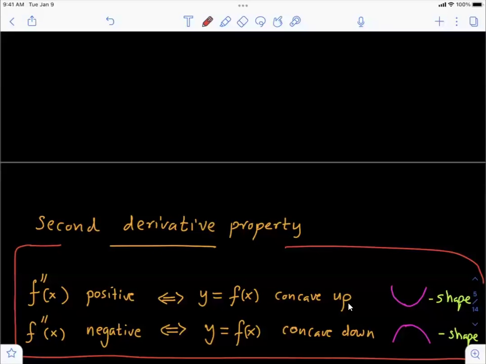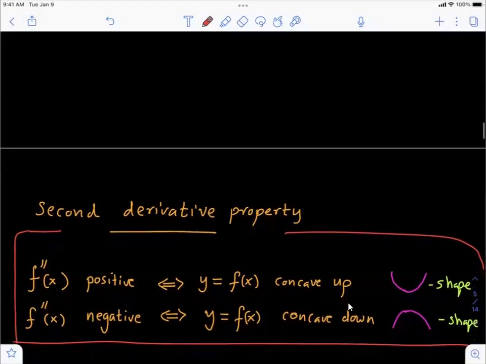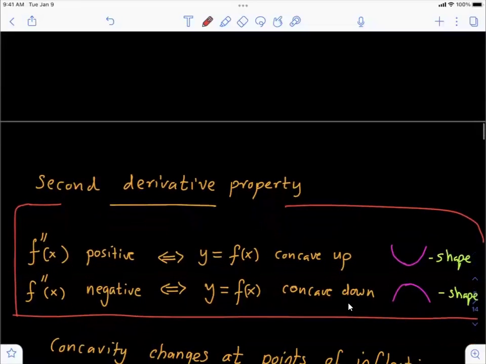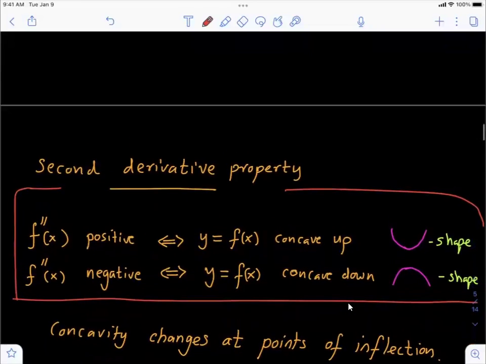Now, when we have the second derivative, it has a story to tell. It will tell us the shape of the graph. In other words, the real meaning of the second derivative is how fast the slope is increasing. It is the slope of the original function. It is the derivative of the slope function. So if the slope is increasing, it will occupy this kind of a shape, a U shape, or a part of a U shape.